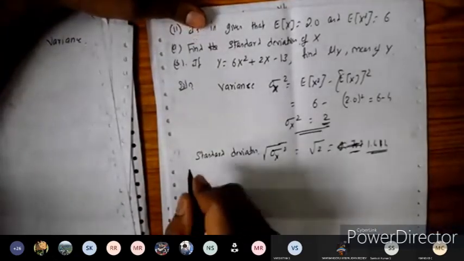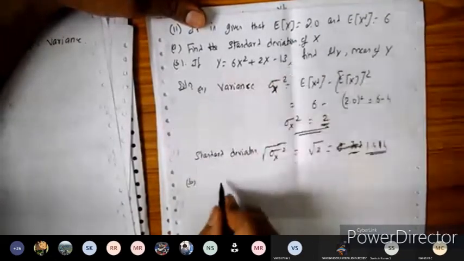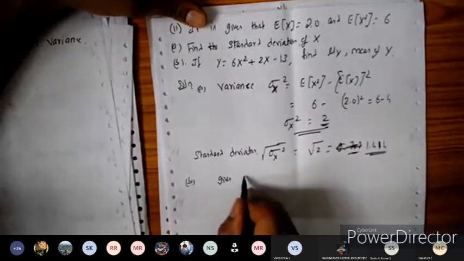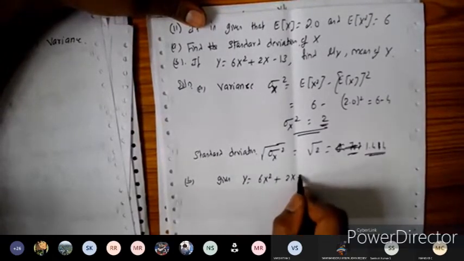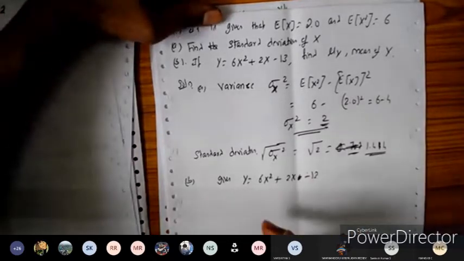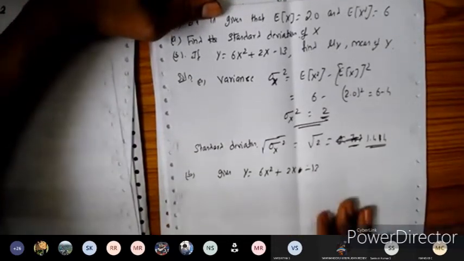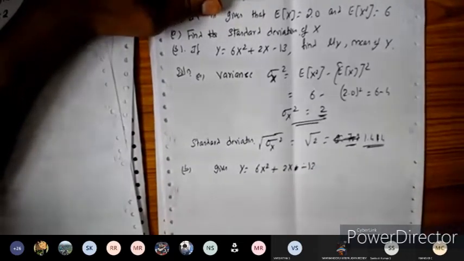So now in the second part, question B, this is question A. It has been given the random variable y in terms of 6x square plus 2x minus 13. Let us take the expectation of this one. We know the properties of the expectation we have seen.